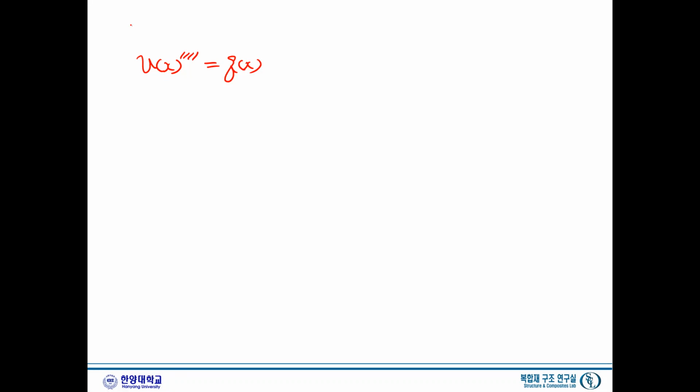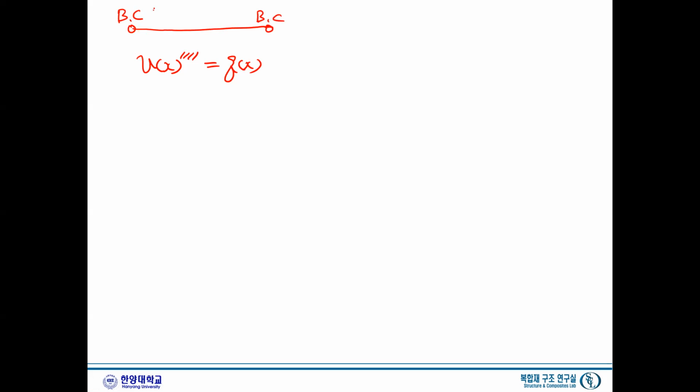And for the beam case, actually, we have two boundary conditions on the left and two boundary conditions on the right. What does it mean? Well, here is the fourth derivative, and I will draw the beam like that. There will be boundary conditions on the left hand side and on the right hand side.